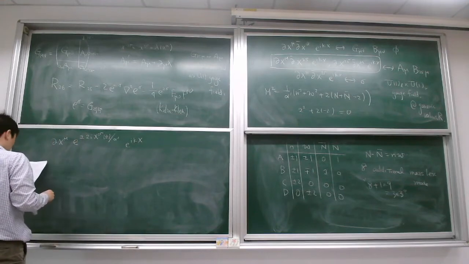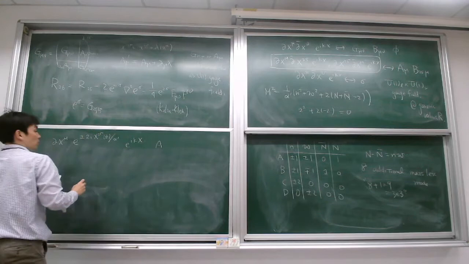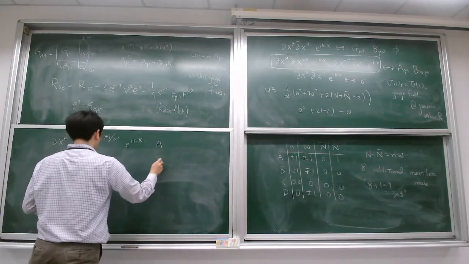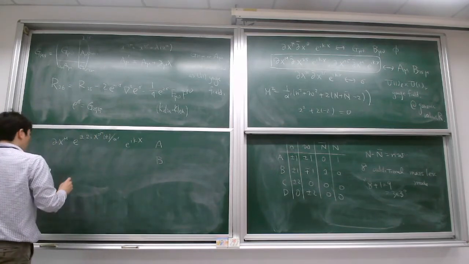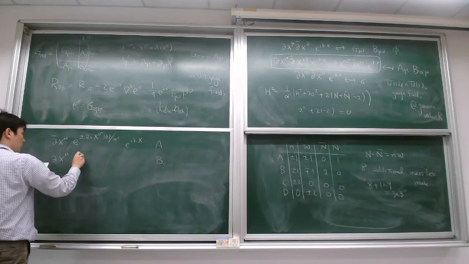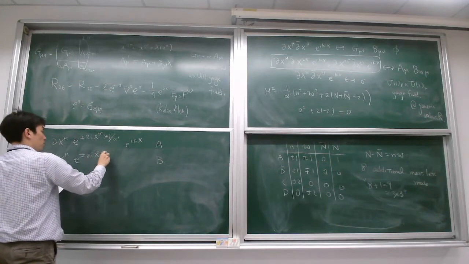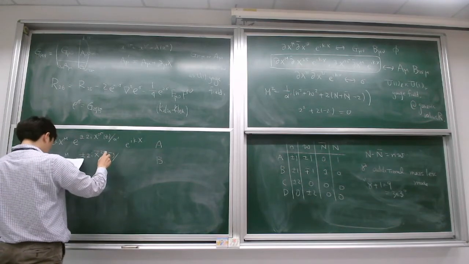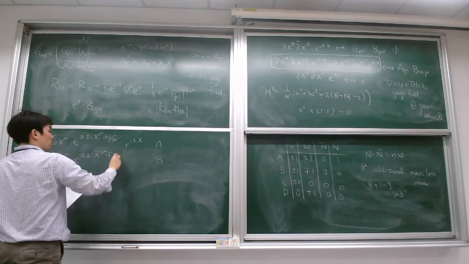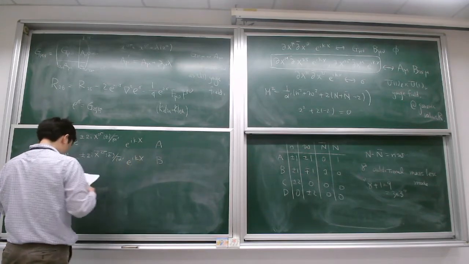And this corresponds to A, and this corresponds to B. e to the plus minus 2i x bar 25, just look at the anti-holomorphic. Square root alpha prime, e to the i k x.